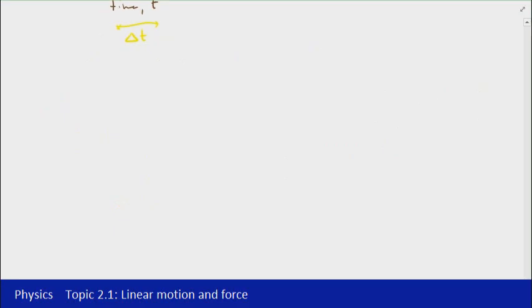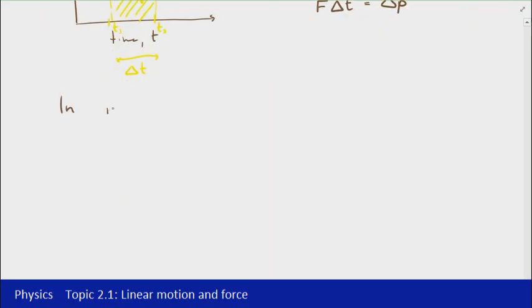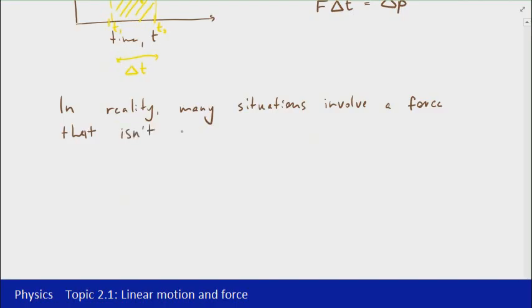That's a very straightforward situation, but in reality forces are very rarely applied at a constant rate. So many situations involve varying forces. Just to think of one that's fairly easy to relate to, think about jumping, the force that you apply to the ground.